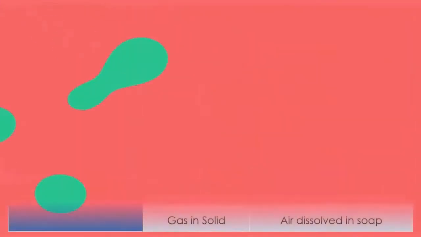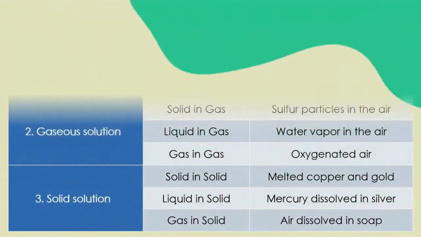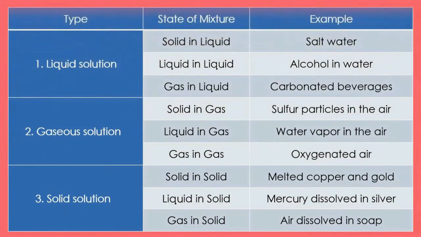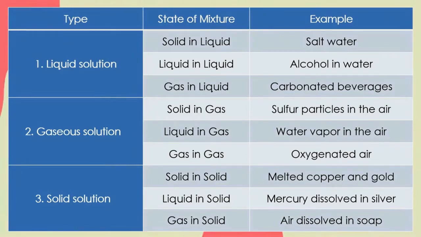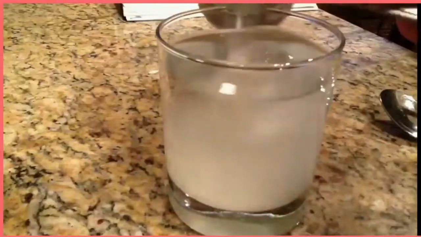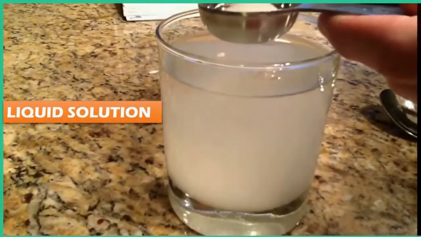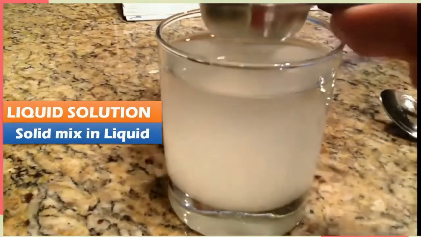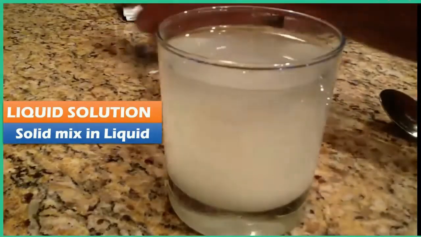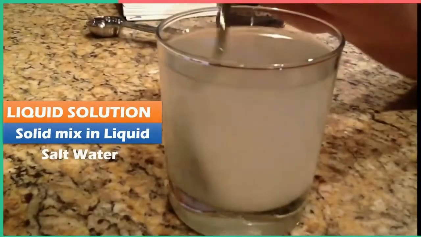This table shows the types of solution. Solution may exist in solid, liquid, or gaseous state. First type, we have the liquid solution. State of mixture, solid in liquid, and the example is salt water.